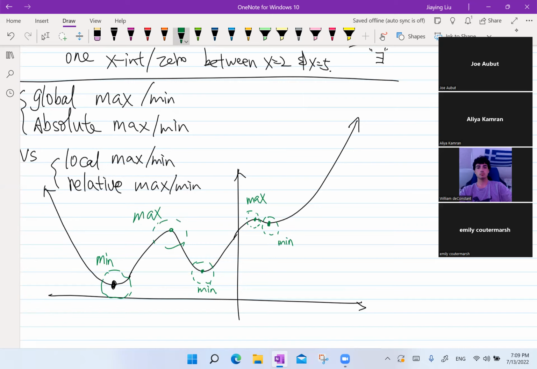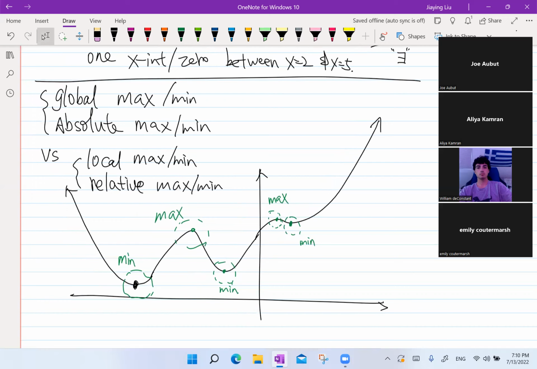But all of those are called local or relative minimums and maximums, because in that local region, they are minimums and maximums. But if we look at the entire graph, which one is a maximum, which one is a minimum?